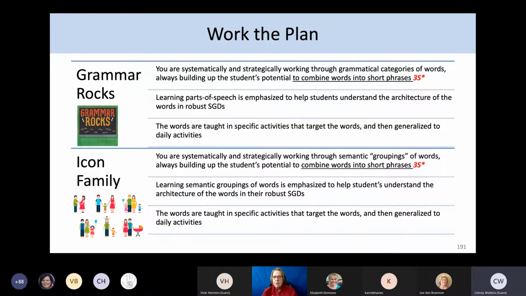Most speech generating devices, whether they're a Minspeak-based system with combining multiple meaning icons, or they're a page-based system where single meaning pictures are representing words across different pages, the reality is we need an architecture for organizing these words.